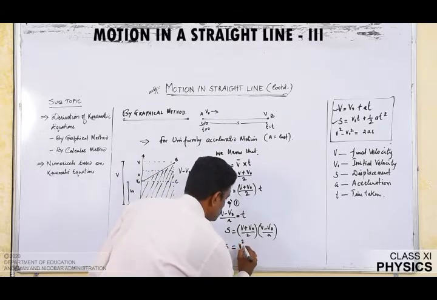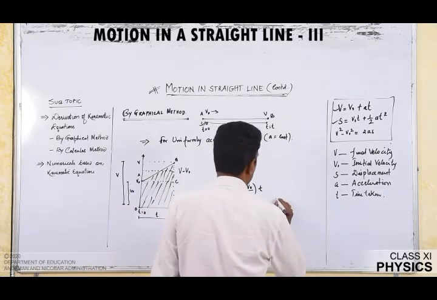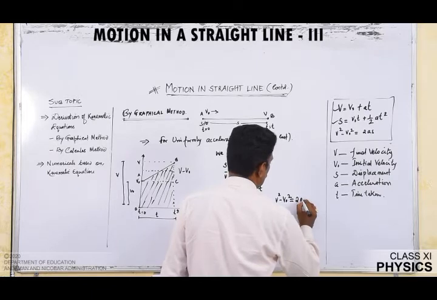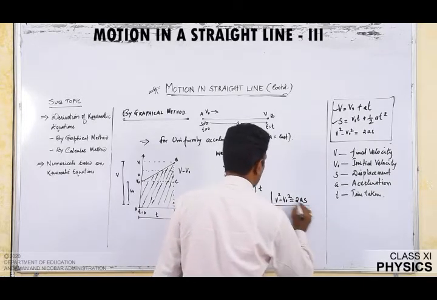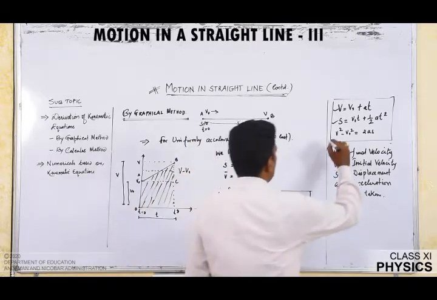So, we can write V square minus V naught square. So, collectively V square minus V naught square is equal to 2AS. So, we have arrived at the third equation.